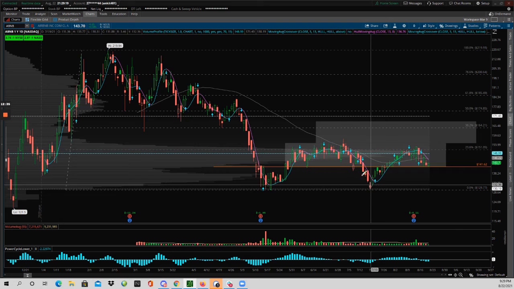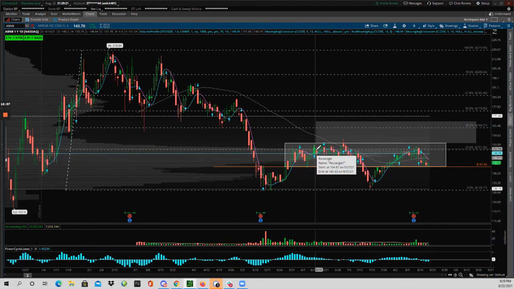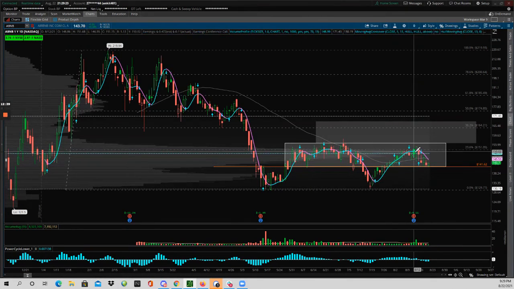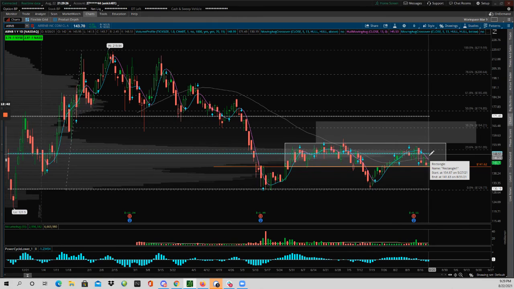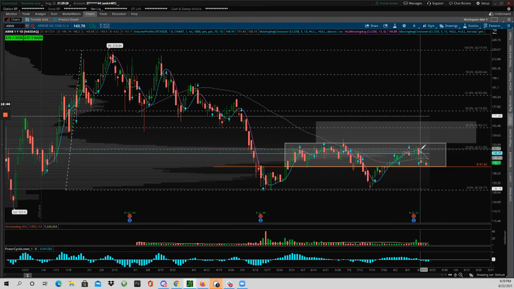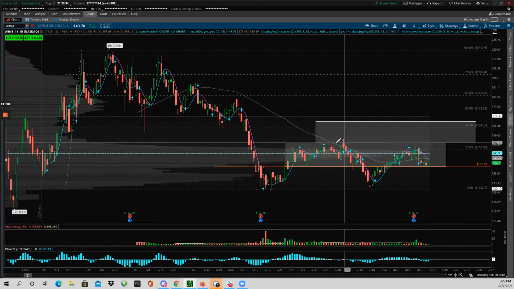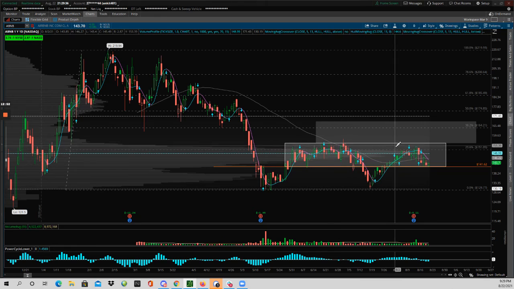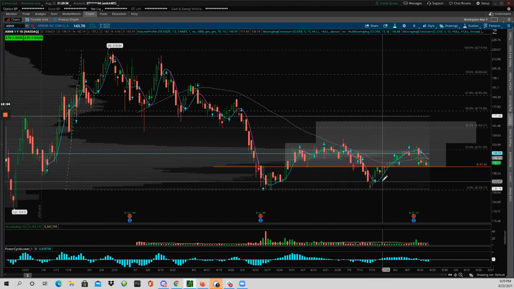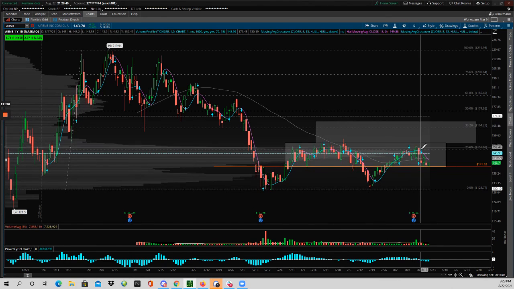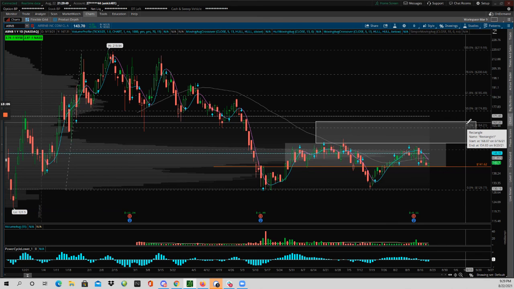So the buyers here stepped in, the trap buyers, and then when the price ultimately came back above the volume point of control, that's when I was expecting a liquidation because I was expecting all these trap buyers to flatten their positions, and then these buyers who came in here to take some profits. So now, ideally, what I would like to see is some sort of base formation and then really go for the next run.